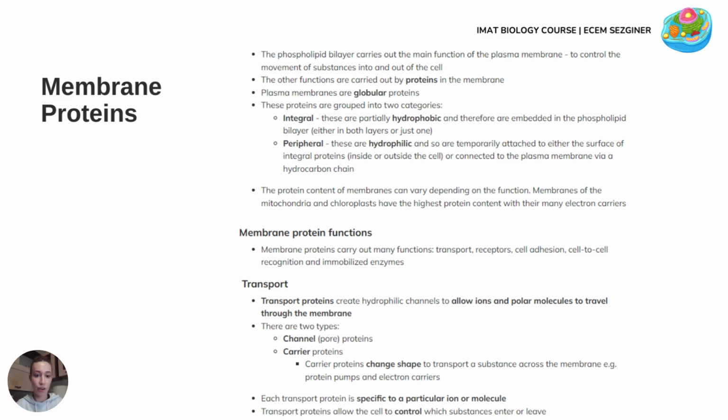And peripheral proteins, these guys are quite hydrophilic, and they can temporarily attach to the surface of the integral proteins. So integrals are more permanent proteins on the membrane, and peripheral ones we can attach or detach depending on the need or the current function happening.